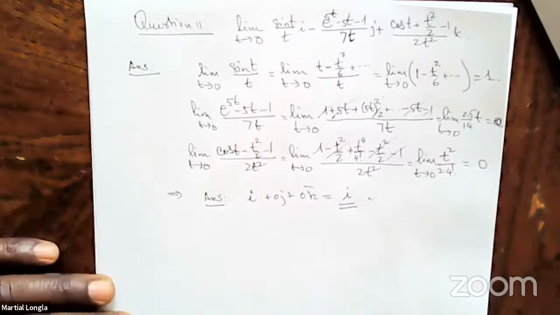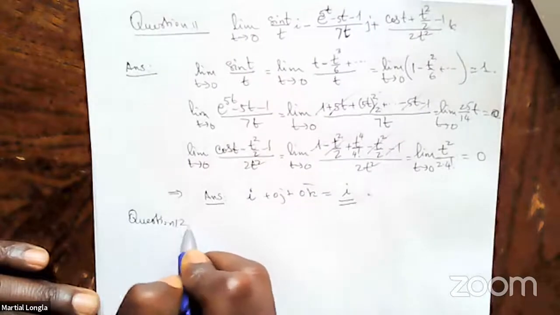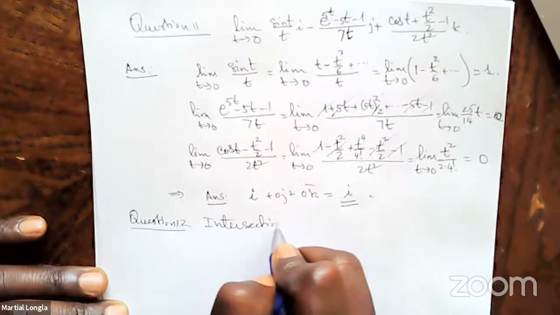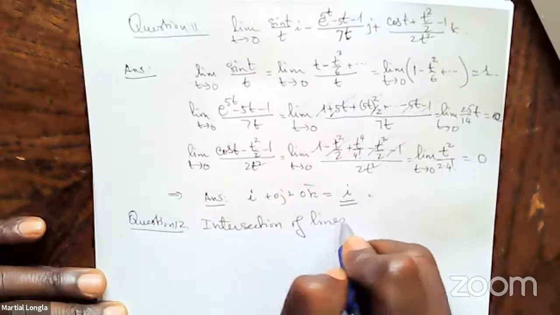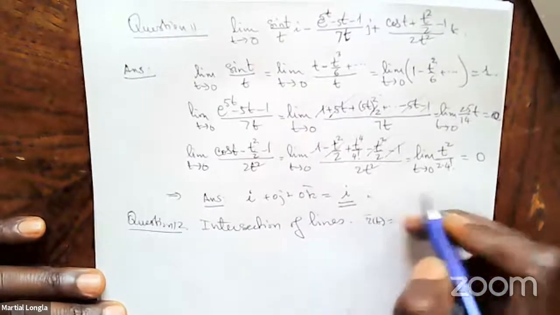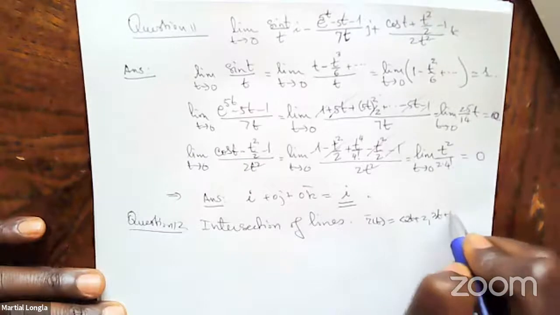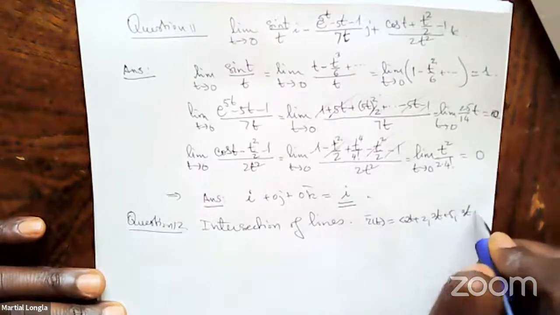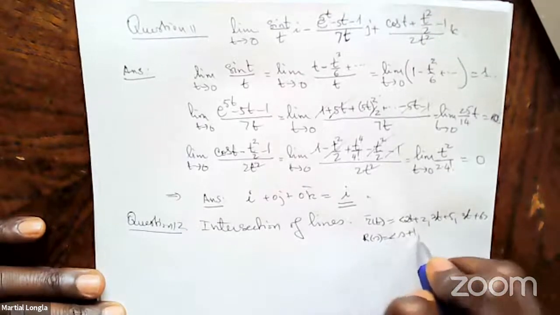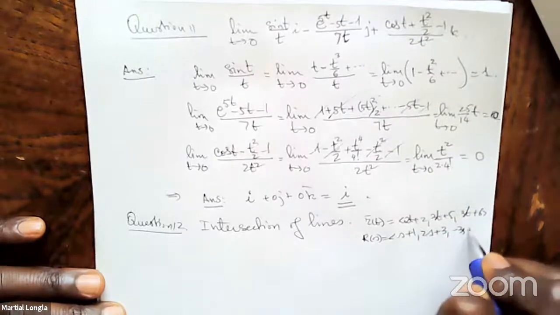Now we had a question about intersection of lines. r of t equals 2t plus 2, 3t plus 5, 3t plus 6, and r of s equals s plus 1, 2s plus 3, minus 3s plus 9.